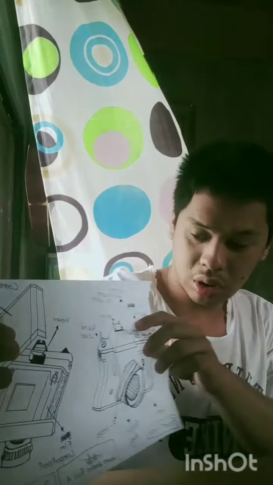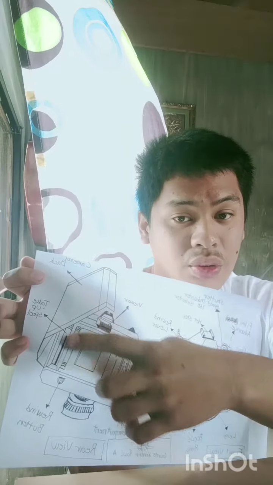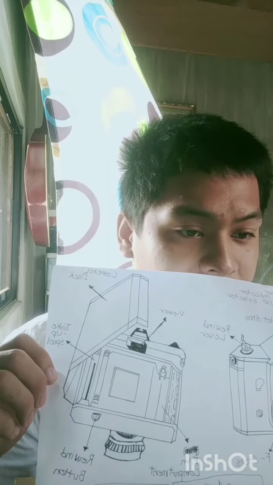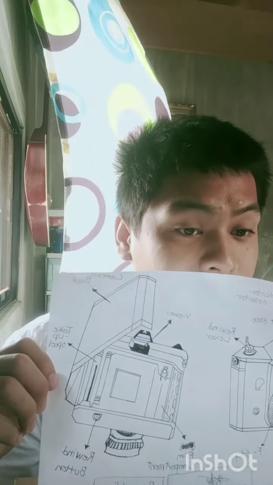take-up spool. So our take-up spool, usually, eto. This is our take-up spool, this one in here. So, anong trabaho ni take-up spool? This is a metal or plastic cylinder generally located at the right side of the camera, looking from behind.